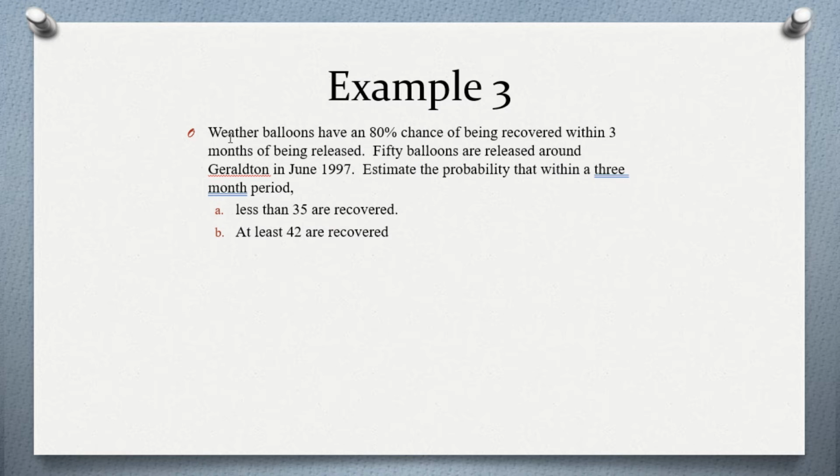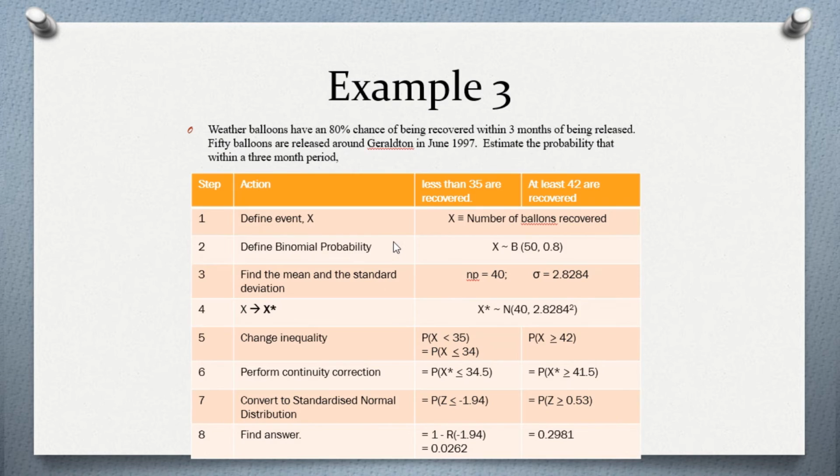Okay, now weather balloons have an 80% chance of being recovered within 3 months of being released. 50 balloons are released around Geraldton in 1997. Estimate the probability that within a 3-month period, less than 35. Now, many students get confused with this. Is this binomial or is this Poisson? It will be binomial.